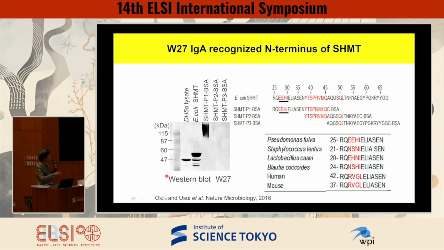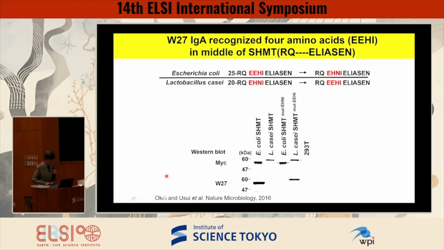Only these 4 amino acids are different. And Lactobacillus casei has EHNI. Only two amino acids are different. If we make a mutant of the SHMT, as you see here, W27 only recognizes the E. coli type EEHI sequence.